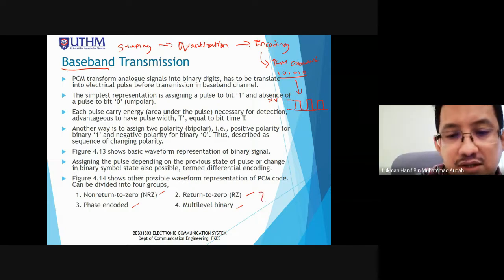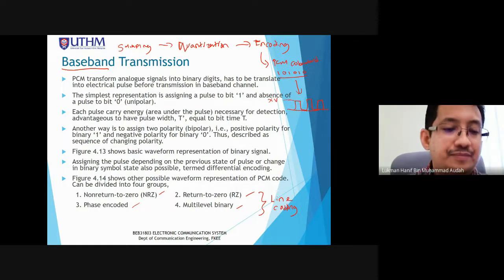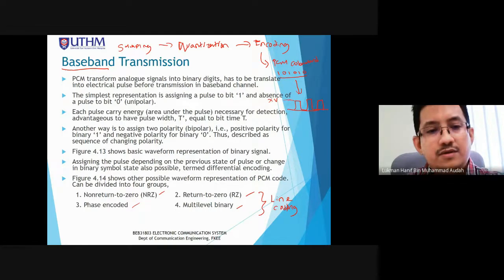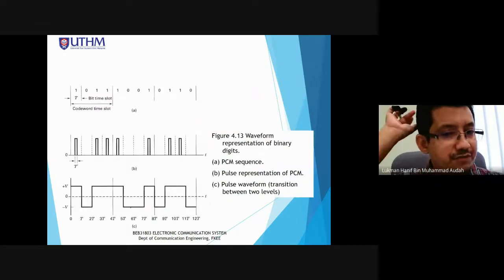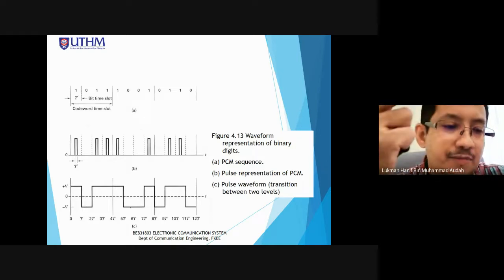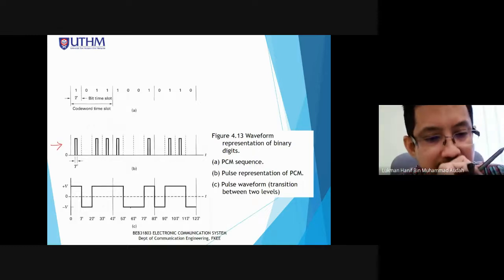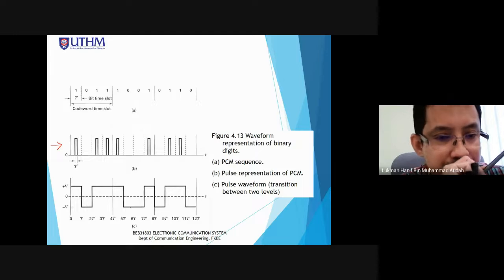So ini semua dikategorikan sebagai line coding. Okay, line coding. Okay, so if you see from here, line coding ini ada dua kategori. Yang pertama dipanggil sebagai unipolar.